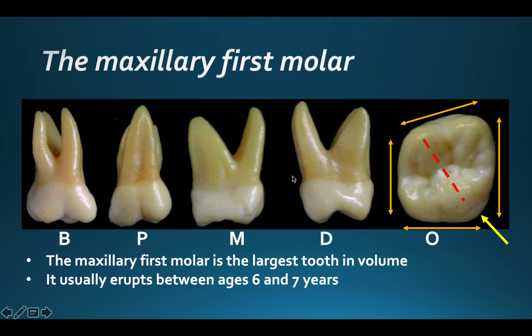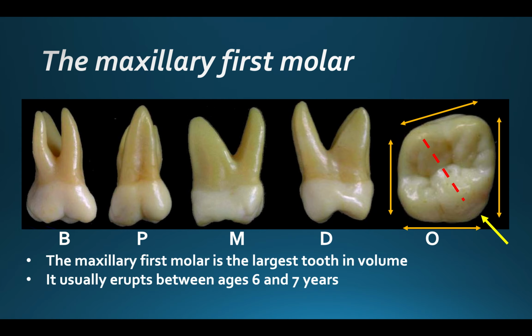This tooth has 3 roots: a curved mesiobuccal root, a fairly straight distobuccal root, and a large, long palatal root. Each of these roots has at least 1 root canal. However, most of the time, in around 90% of the cases, this tooth will have 4 root canals.